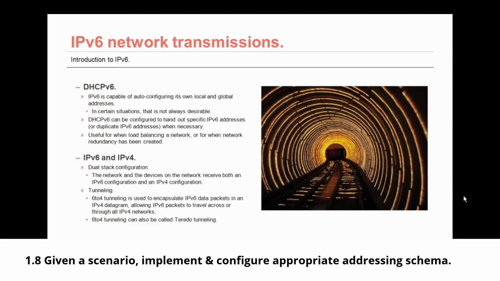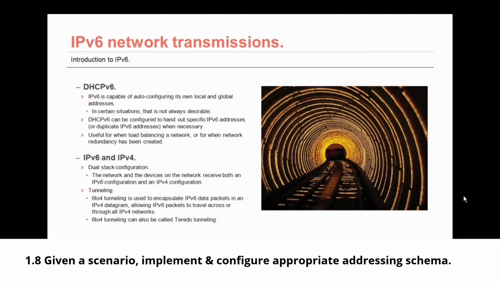Earlier I said we really don't need to worry about DHCP anymore, but that's only partially true. While IPv6 is capable of auto-configuring its own local and global addresses, in certain situations that's not always desirable. DHCP version 6 can be configured to hand out specific IPv6 addresses or duplicate IPv6 addresses when necessary.